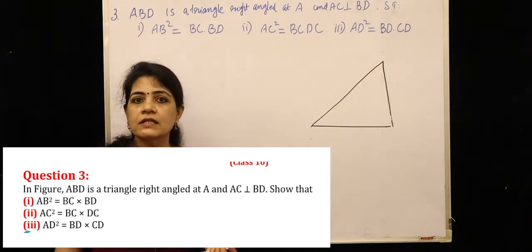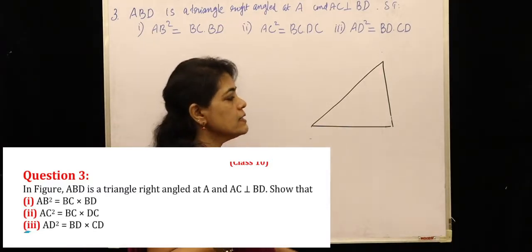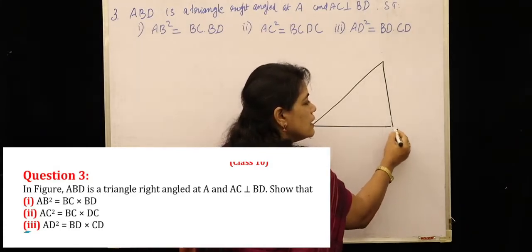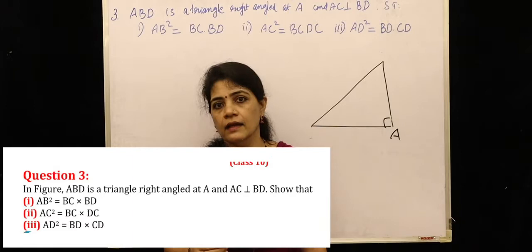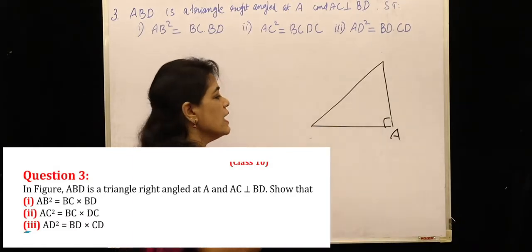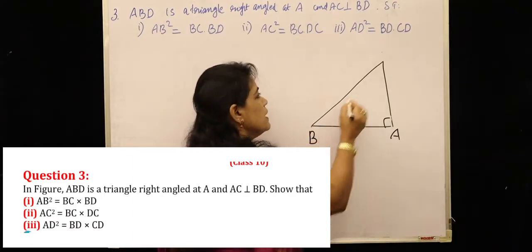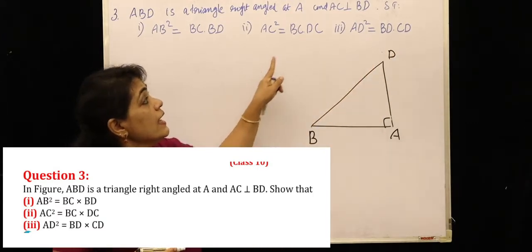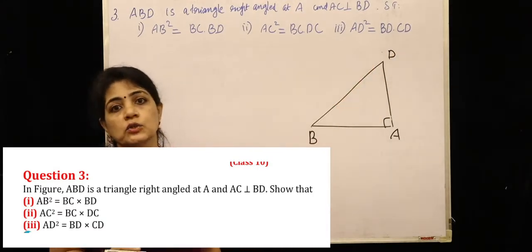So what is given, children? Triangle ABD is right angled at A. So you have to mark here A, that means here is angle 90 degrees. Right angled at A in triangle ABD. So here comes B and here it is D. And what is the next thing? AC perpendicular to BD.